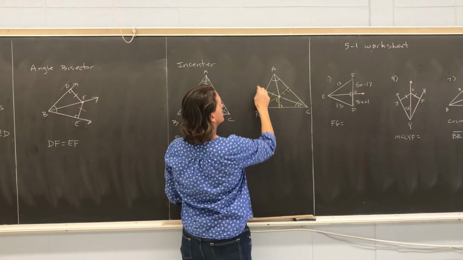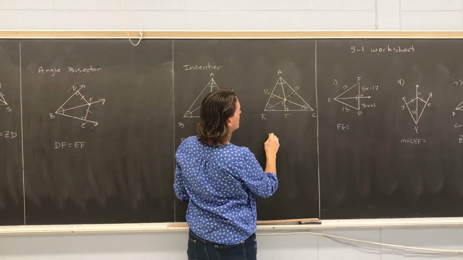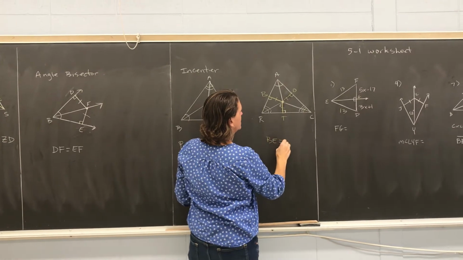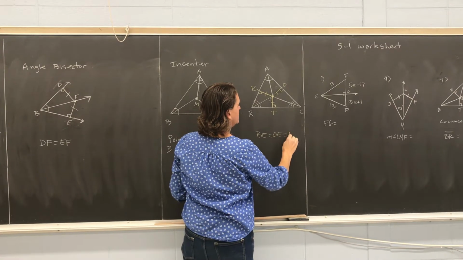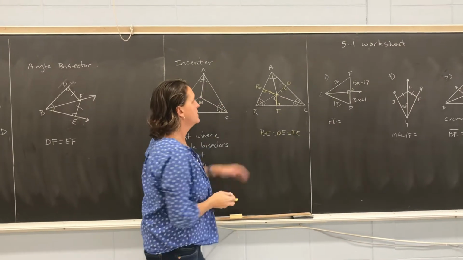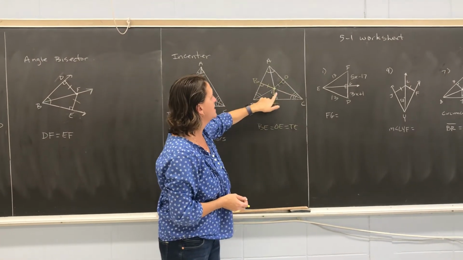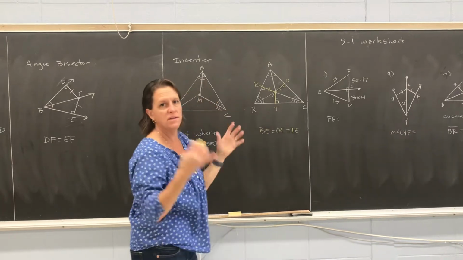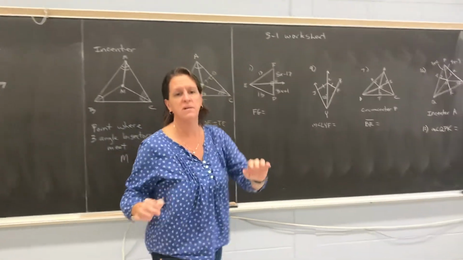So let's put some random letters here. B, O, T. So now I can say BE is equal to OE is equal to TE. Okay? So the angle bisectors are not equal, the little perpendiculars are. Like that doesn't even look equal to that one. So that's kind of how you got it. Okay, so that's the vocab.